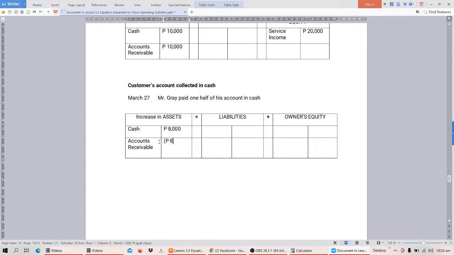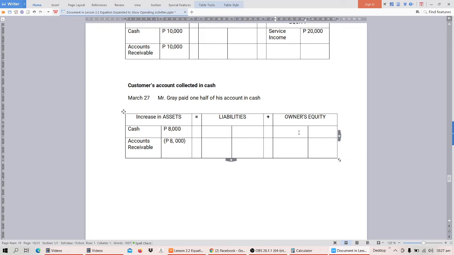So an increase in asset cash by 8,000 with a corresponding decrease in another asset, accounts receivable, by 8,000. So liabilities and owner's equity are not affected because this is only the collection of your cash.